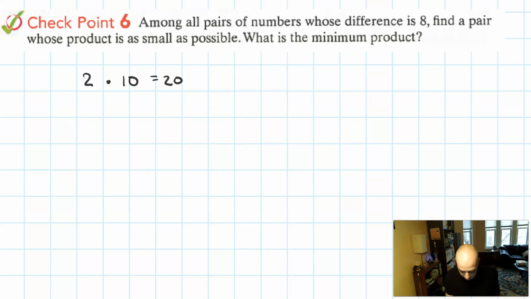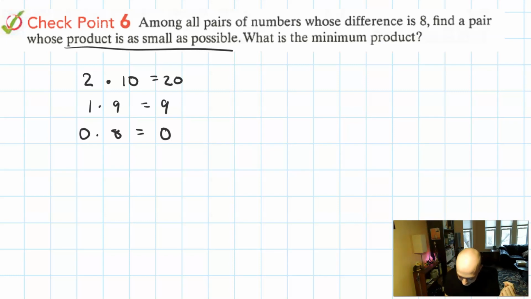Can anyone do better? Well, how about 1 times 9? Oh, well, that product is 9. Their difference is 8. What about 0 times 8? Oh, that's 0, right? Obviously, the answer is 0 and 8. We're looking for the product that's as small as possible. But the key word here is numbers, not whole numbers. Numbers means probably real numbers, right?